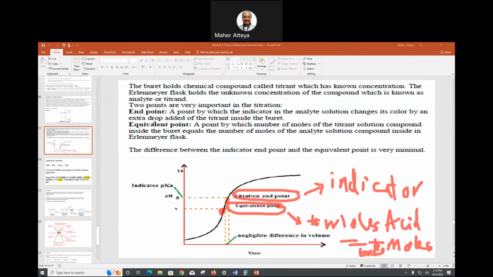The best thing is the automatic one. Even the electrical automatic one will give you exactly where the equivalent point is. It will not give you a titration endpoint because you don't use an indicator to see it with the eye. The instrument will give you where the equivalent point is, and that's exactly how many moles of the acid react with how many moles of the base.